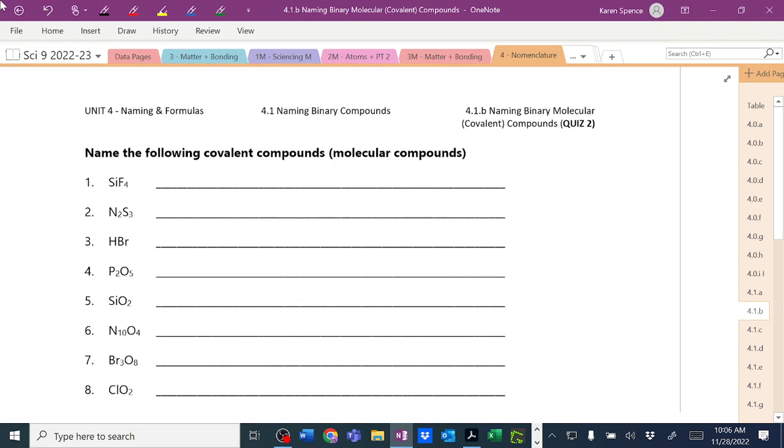Do you know what you did wrong? So you need prefixes when it is molecular. Do not use prefixes when it's ionic. So you have to be able to recognize, is it ionic or is it molecular? Okay. So how do you know if a compound is ionic? What's it made of?